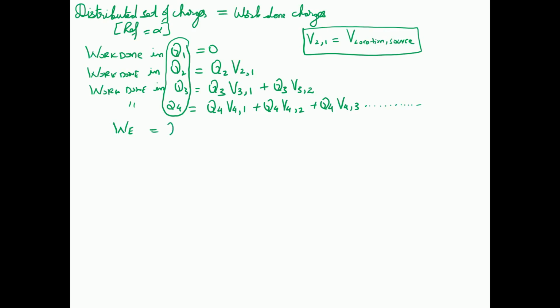It is going to be Q2 V21 plus Q3 V31 plus Q3 V32 plus Q4 V41 plus Q4 V42 plus Q4 V43, and it can go on as well. So this is what we are getting. Okay, now let me call this equation 1.